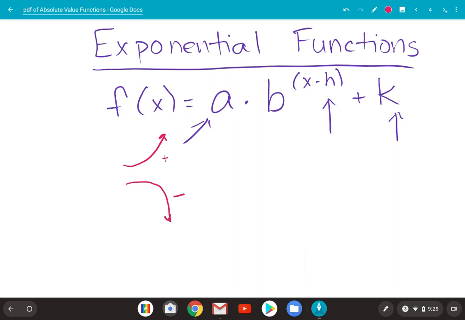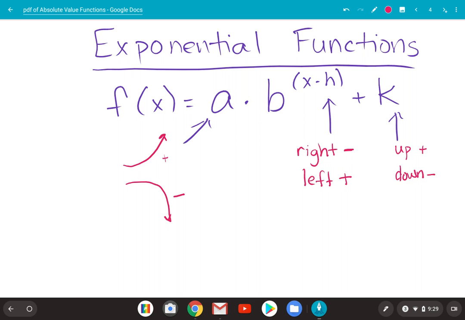H, again, will tell you if you're going to go right or left. If you're going to go to the right, you want to go minus. Left is plus. Okay, and then k is going to tell you if you're going to go up or down. Up, you're going to go plus. Down, you're going to go minus.